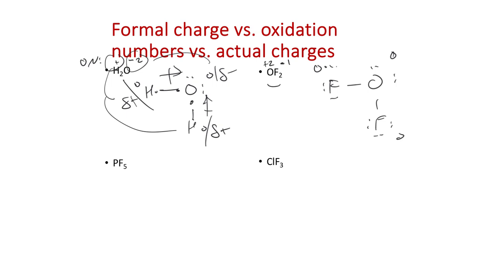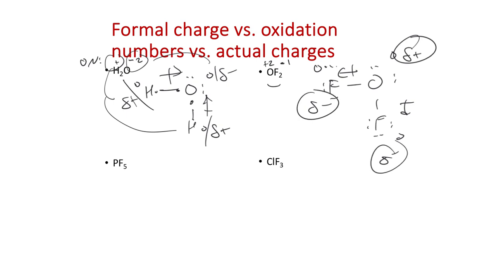Fluorine. So fluorine's going to pull the electrons closer towards itself and go partial negative, and oxygen, less electronegative, goes partial positive. And so we're predicting the negative and positive charges based on the oxidation numbers. The oxidation numbers aren't exactly equal to the charges because these compounds aren't ionic, of course, but we can predict the atoms that are plus versus minus if we think back to chapter 4 and oxidation numbers.